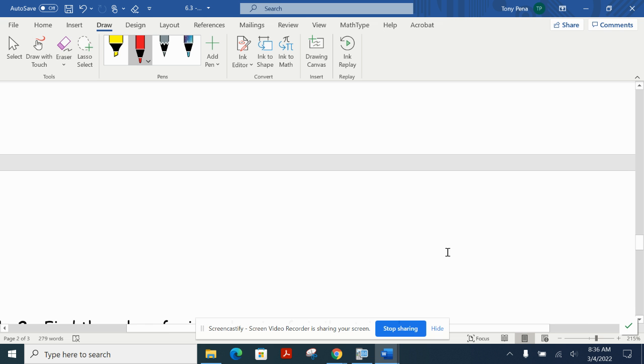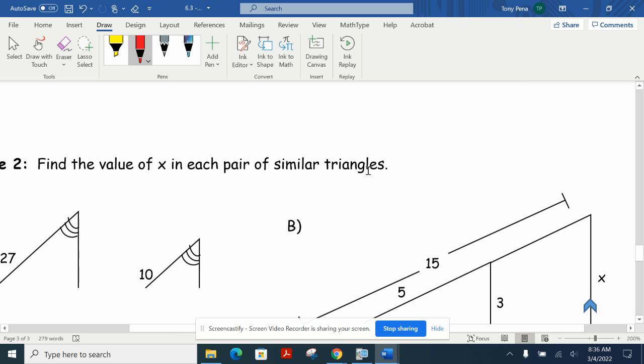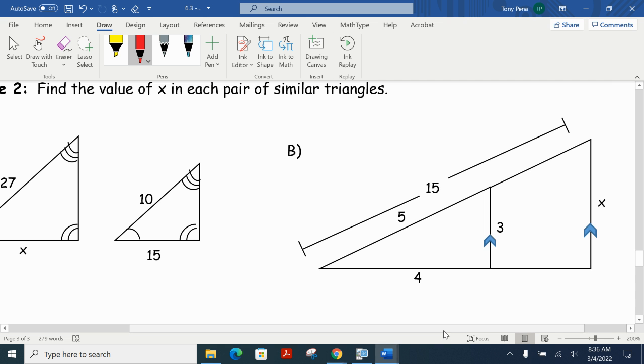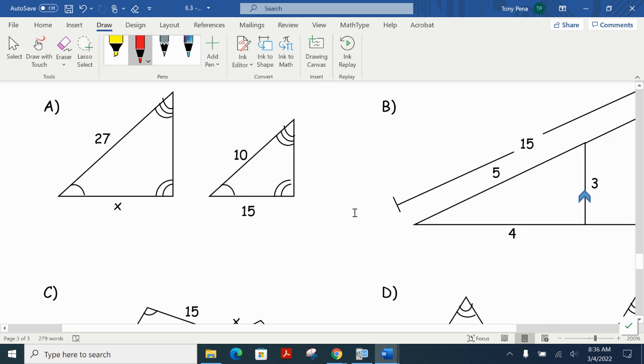All right. And then the last one, little problems here. It says, find the value of x in each pair of similar triangles. A should be nice.